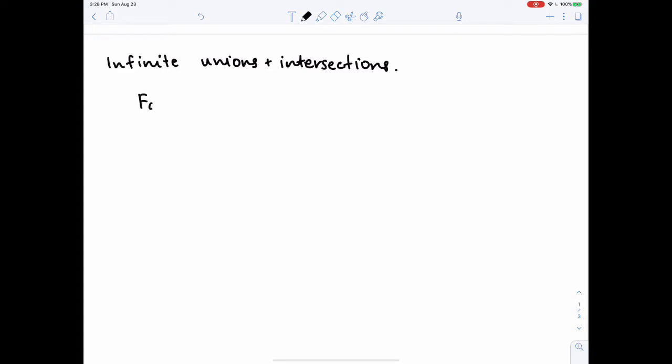So for each natural number little n in the natural numbers, let A sub n be a set.